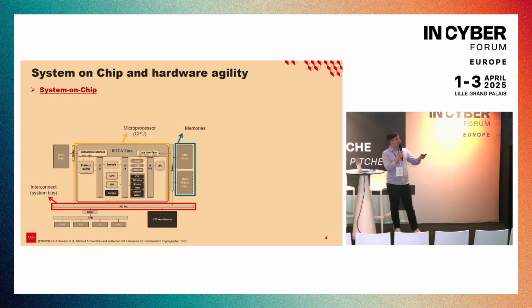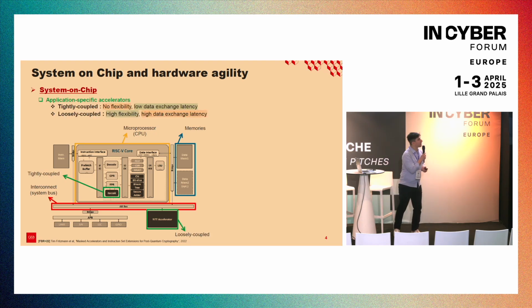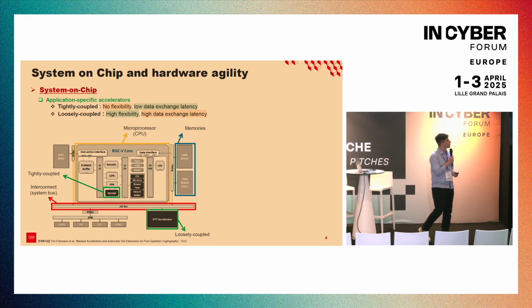Then we have a system bus, which allows us to exchange data between the modules inside the system-on-chip. And then we can have some components called application-specific accelerators, which are the accelerators that we want to implement and that will accelerate the target operations.